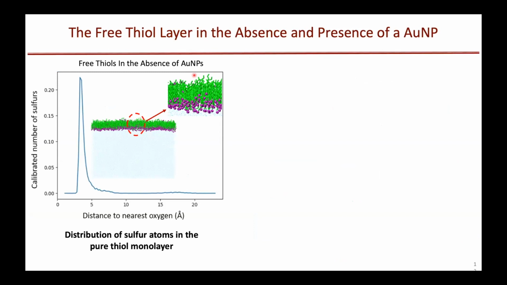Her result also shows an interesting behavior of this free thiol layer at the interface with and without the gold nanoparticles. Without the gold nanoparticles, the free thiols behave just like a surfactant, forming a monolayer at the interface with the sulfur atoms anchored at the interface.